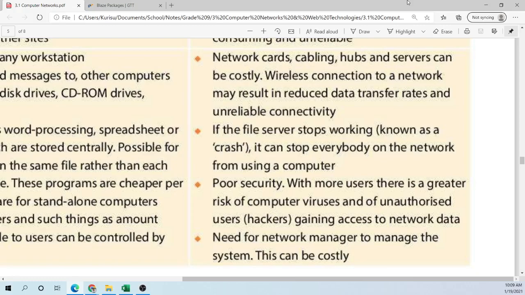The third disadvantage is poor security. As more persons are connected to the network, as we have more computers on the network, it means that we have more points, you can say, that a person can use to access the network and basically hack the network.